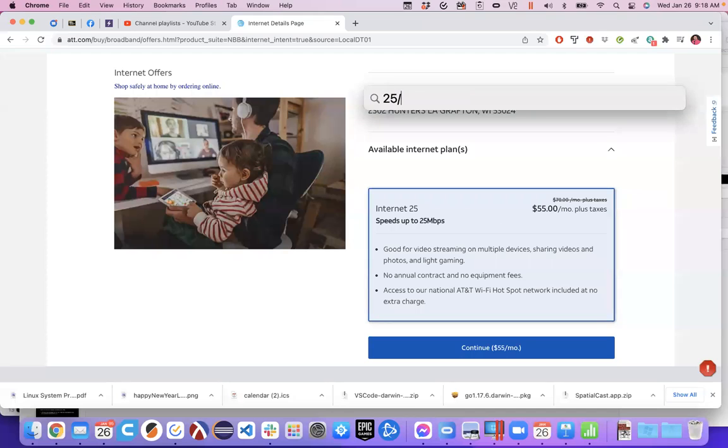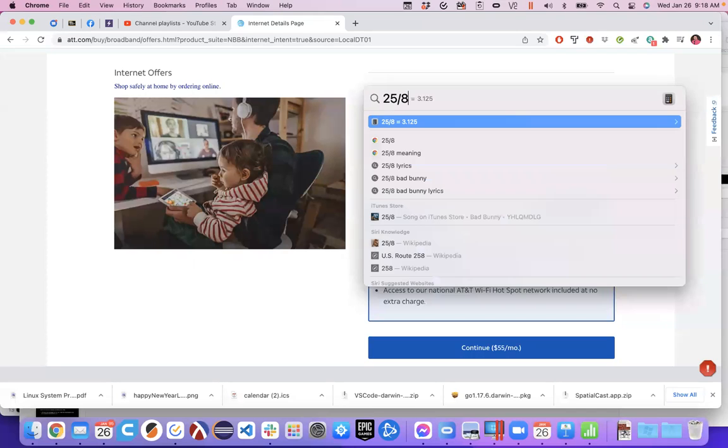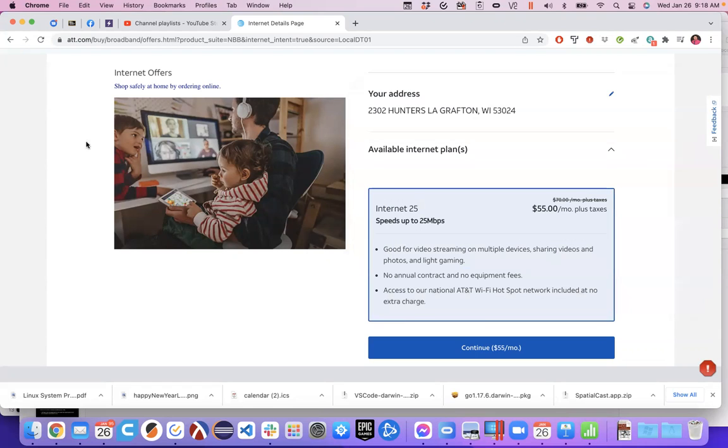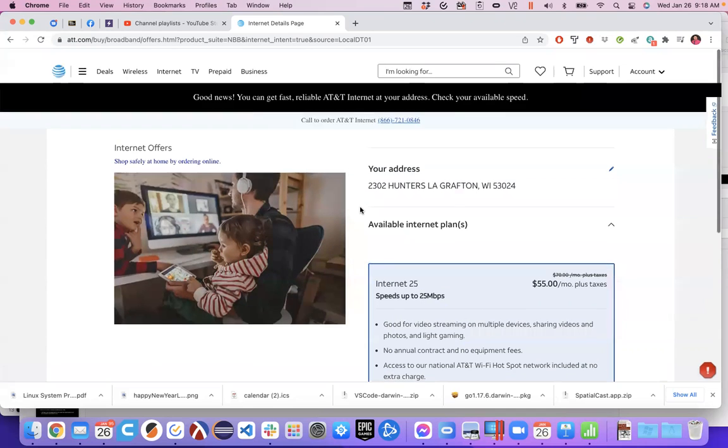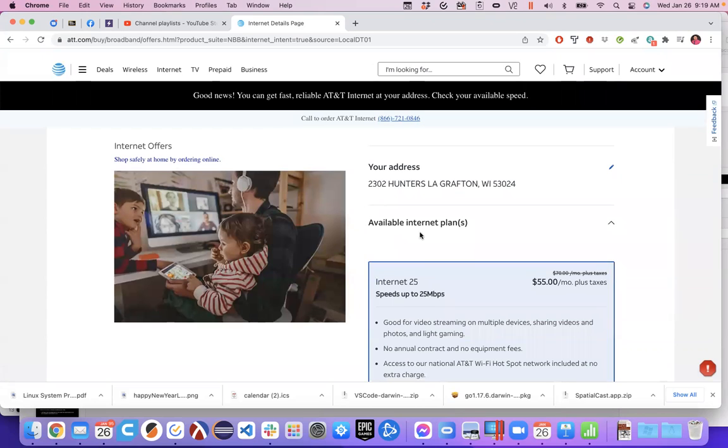Now we know that is a maximum download speed of 3.125 megabytes per second. And I think we saw yesterday that that would barely get me 4K. It's right on the cusp of Netflix single user 4K.